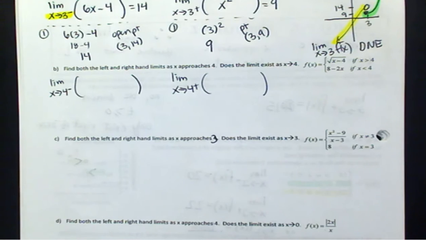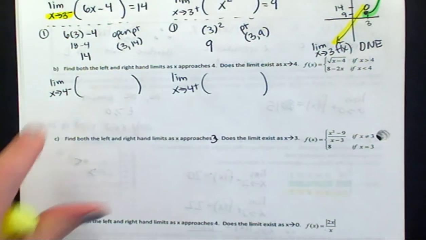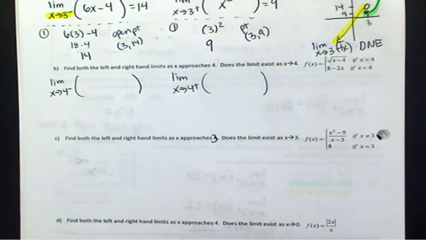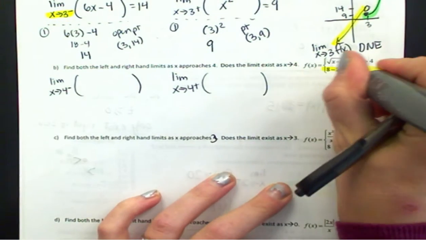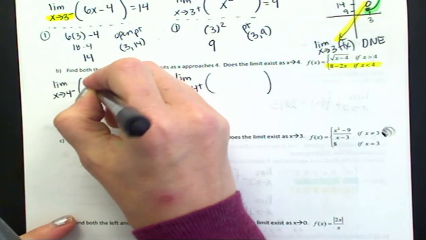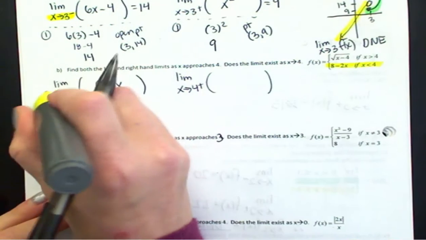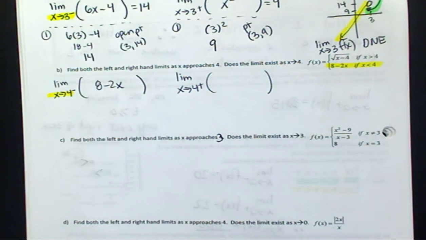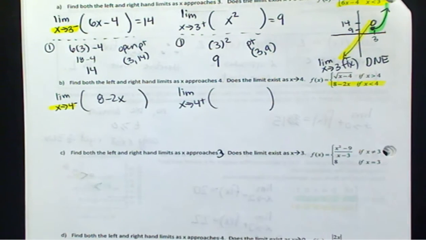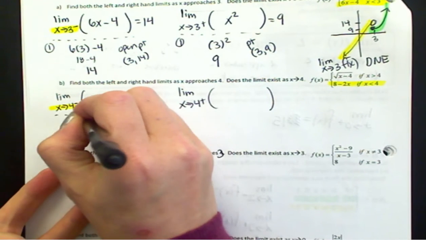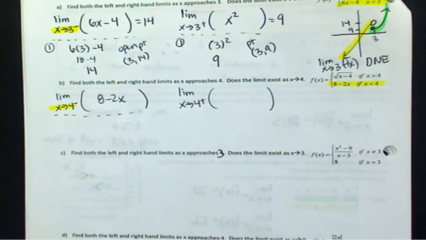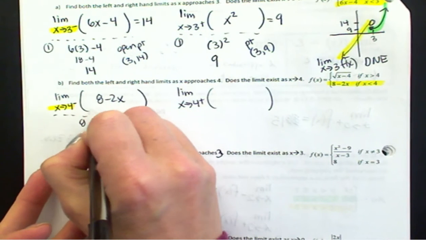Okay, so the limit as x approaches 4 from the left is this one. So that's 8 minus 2x. Notice that I'm not writing f of x because f of x is split into pieces. And the first thing you always do for a limit is you check the point. So I plug in 4.